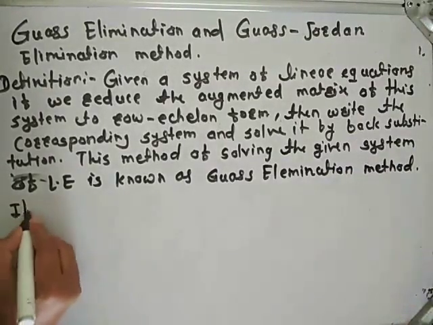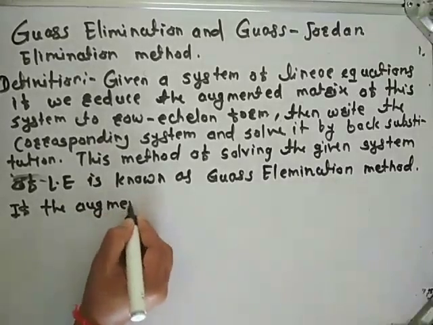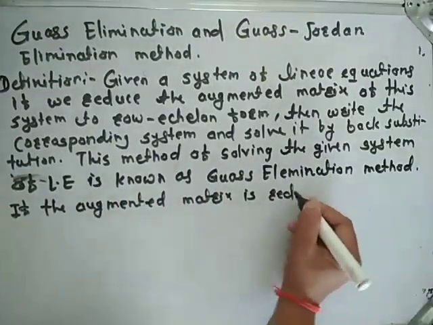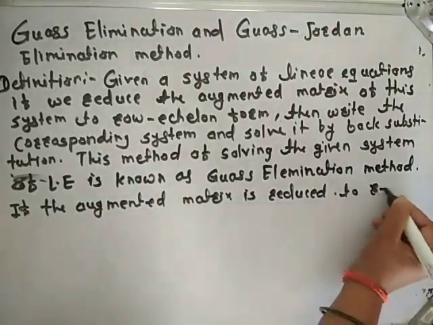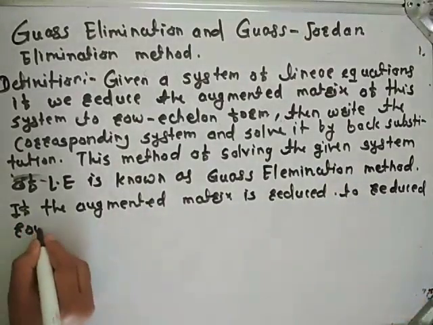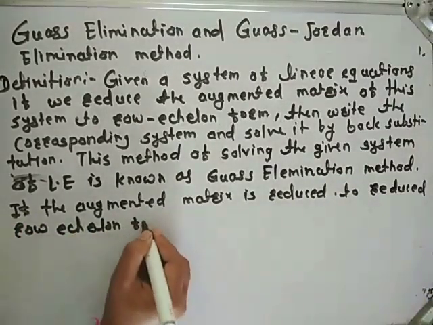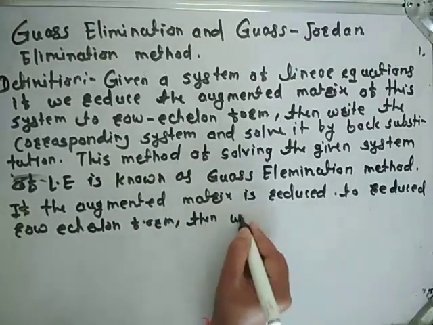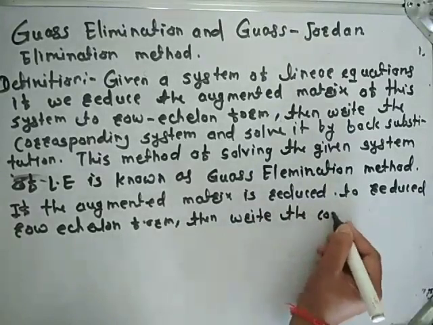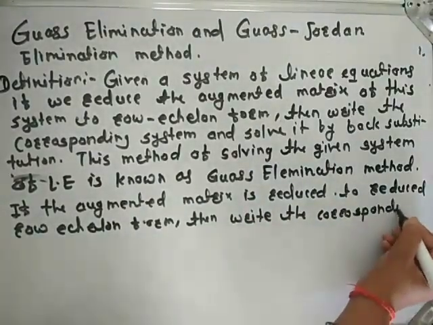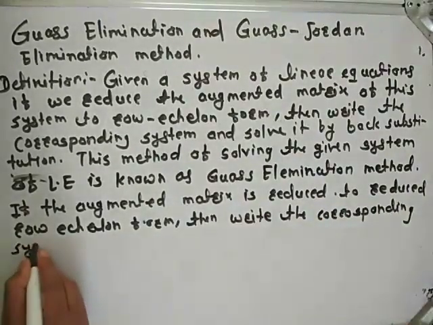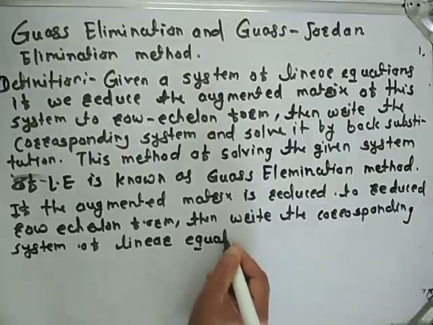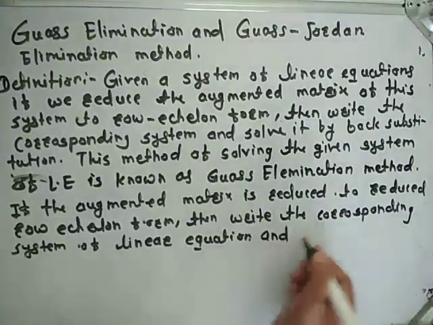If the augmented matrix is reduced to reduced row echelon form, then write the corresponding system of linear equations and solve it.